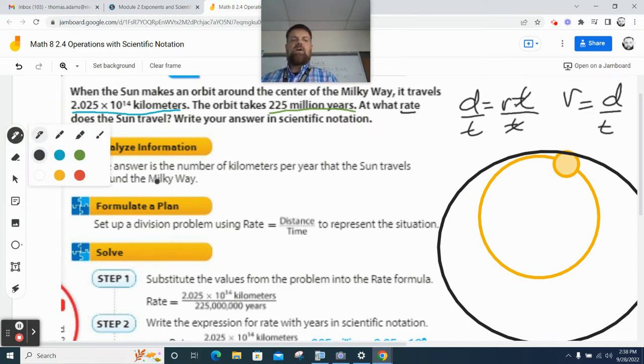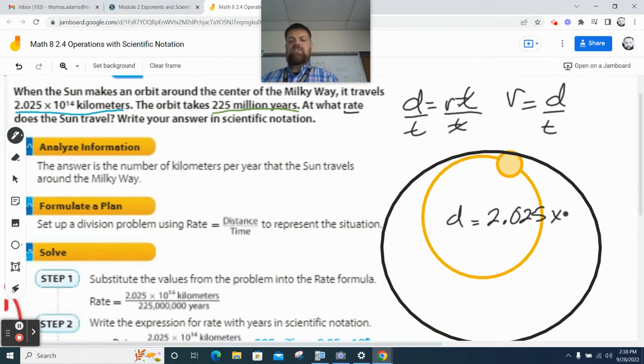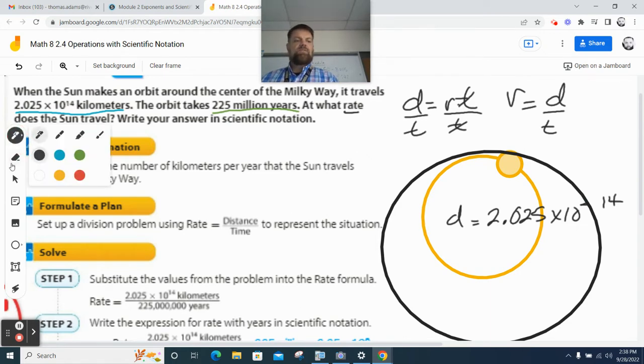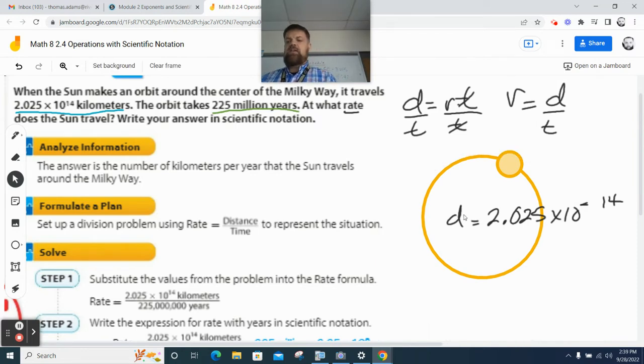So what we know is that the distance is equal to 2.025 times 10 to the 14 kilometers.